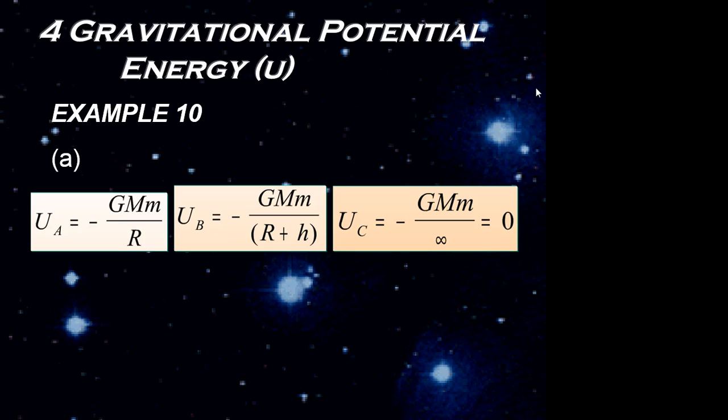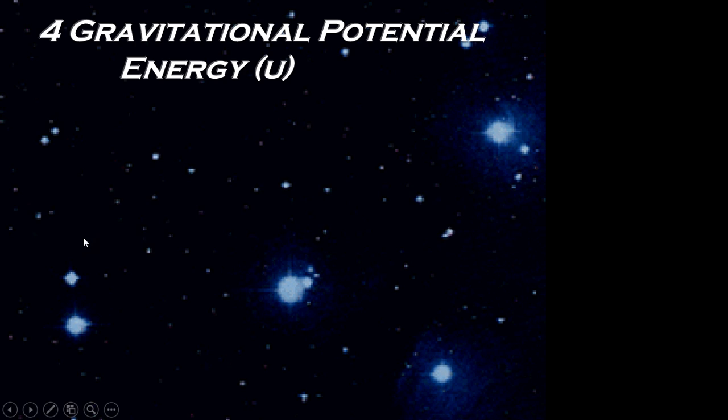Part B, they ask you to prove that the change in gravitational potential energy is roughly mgh. Part B is actually the harder one. There's a little bit of mathematics involved. To move from A to B, which one has a higher potential energy? B has a higher potential energy, that's right. So you take UB minus UA.